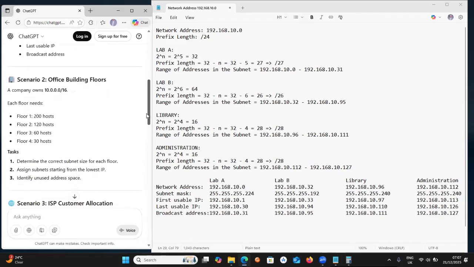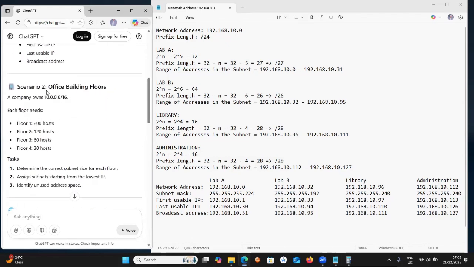Now, as a test, I want you to try out this scenario too. After you are done, you can forward it to me for me to check whether you have got it right. Should you require any further guidance, don't hesitate to reach out. For this second scenario, there is an office building with four floors. The company owns this IP address.